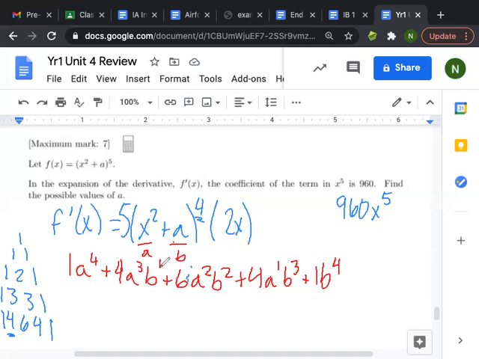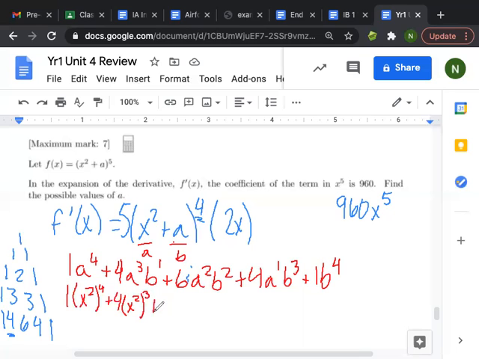Okay, so then all I do is I plug in my A values. So I would have 1 times x squared to the 4th, plus 4, so on and so forth. 4 times x squared, x cubed. Oh, cubed.